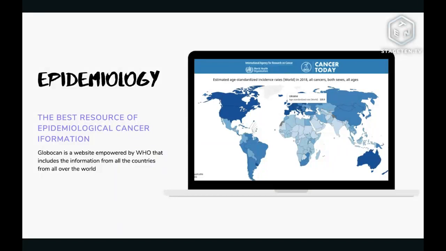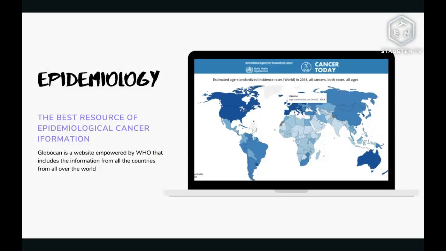It's a website empowered by the World Health Organization and the International Agency for Research on Cancer. If you go to this website, you move on to the category Cancer Now, and you select what kind of data you want.